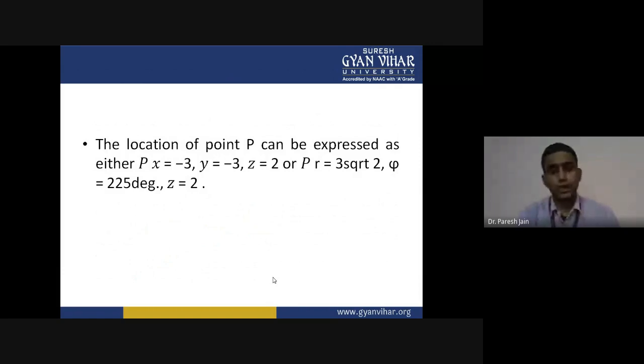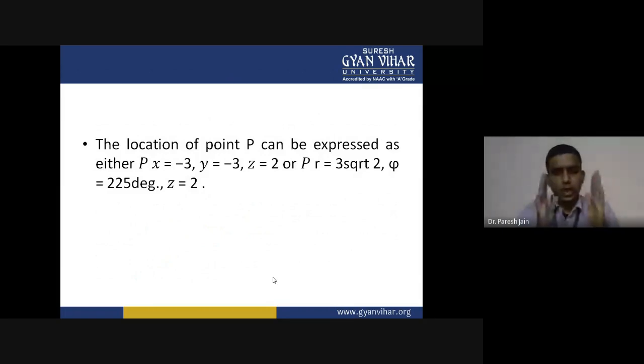If we are talking about the cylindrical coordinate system, the point is transformed, so the values of r, phi, z become r equal to 3 root 2, phi becomes 225 degrees, and z is the same as in the Cartesian coordinate system, that is 2.